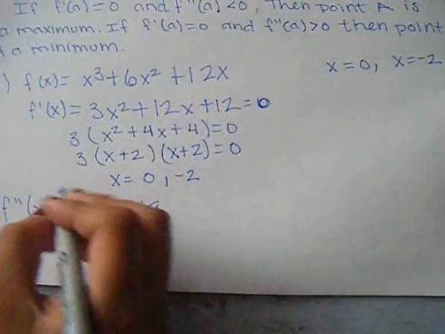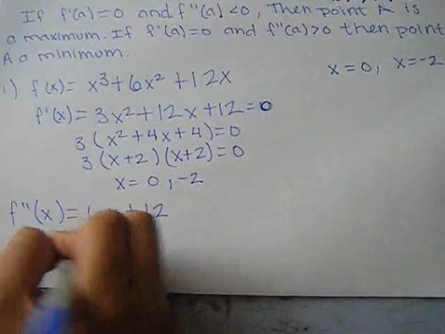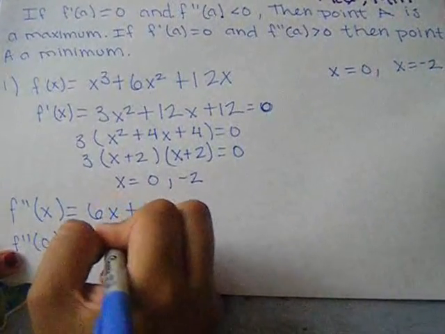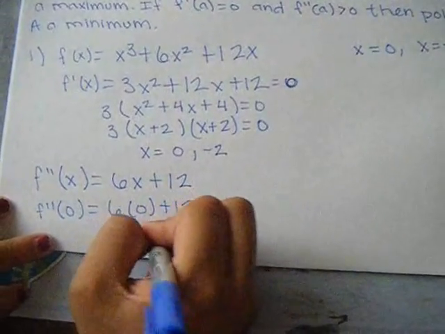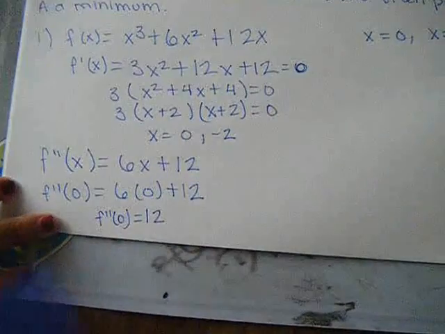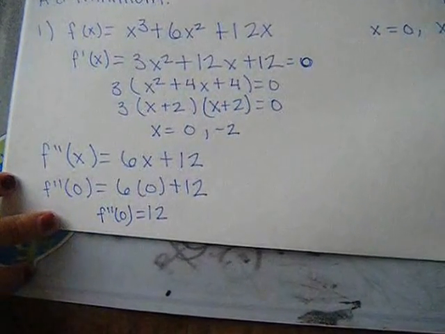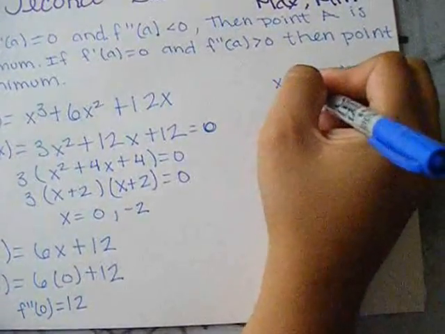So let's start off with x equals 0. So we know that the second derivative of f at 0 is going to be equal to 12, which is greater than 0.